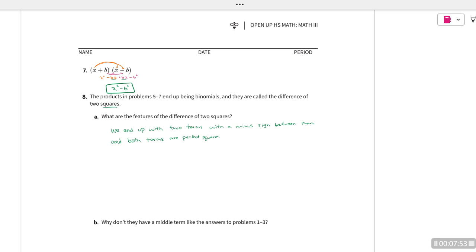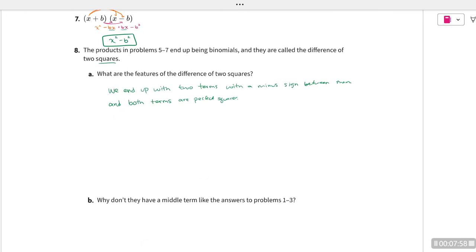Now, this one has a part B. It says, why don't they have a middle term like the answers to problem 1 through 3? Well, since that middle term is the same term with opposite signs, the middle terms add to zero, which we don't have to write.